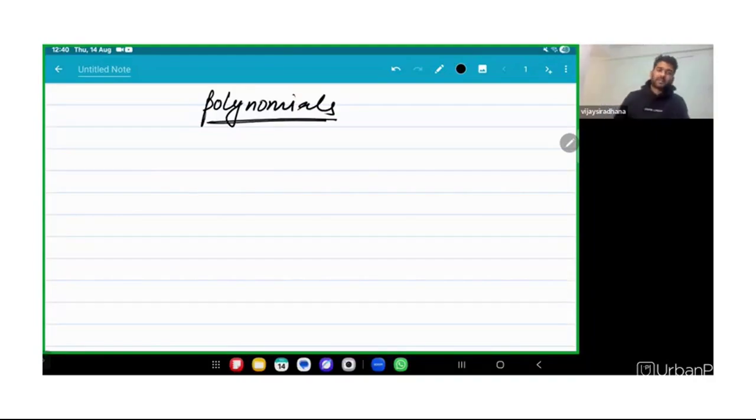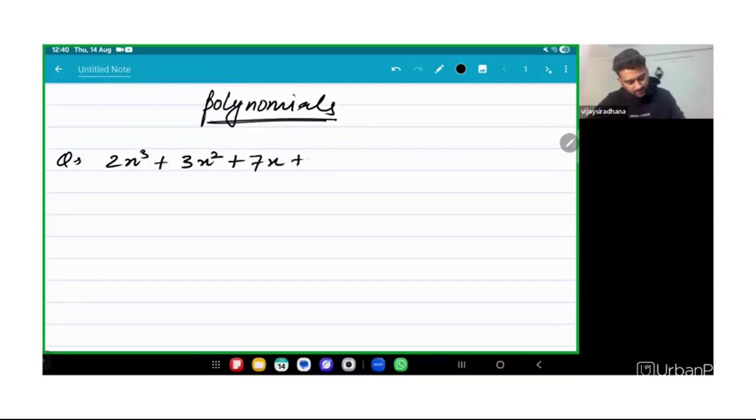Now, student, if I give you one question, 2x cube plus 3x square plus 7x plus 2, and if I'm giving you one more expression, 2x to the power of 3 plus 7x is equals to 0.